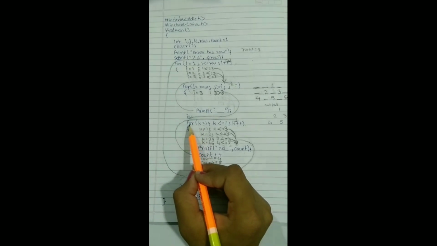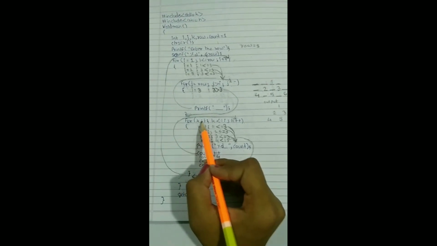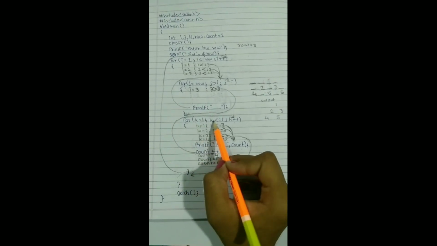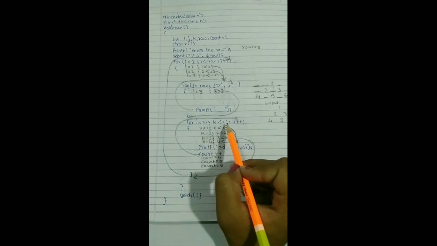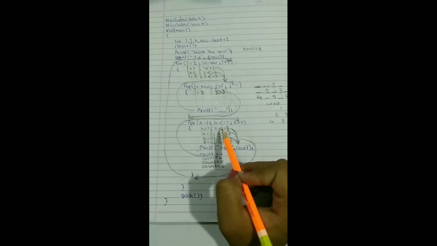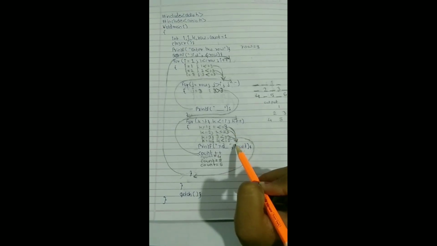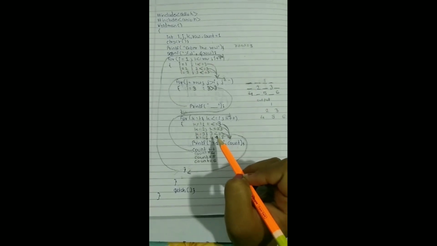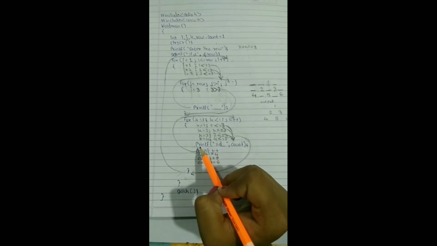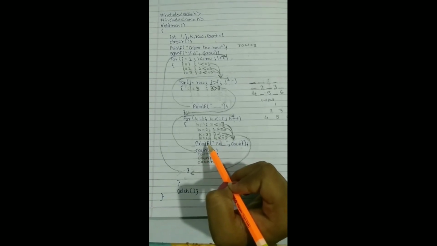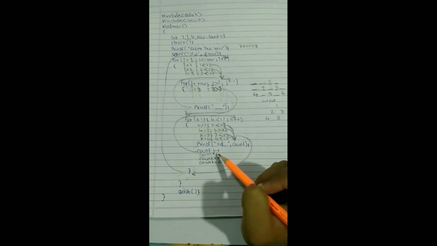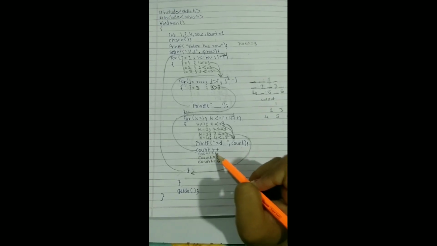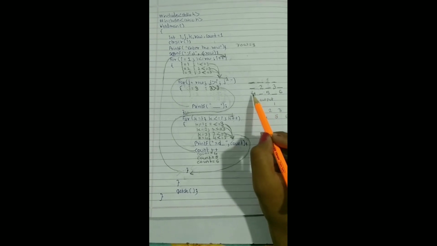Then again a for loop is used for k is equal to 1. Then the condition is checked: k less than or equal to i, that is 1 less than or equal to 3. As this condition is true, it goes inside the body. In its body, %d space in double quotes, comma count, therefore the value of count, 4, is printed here.